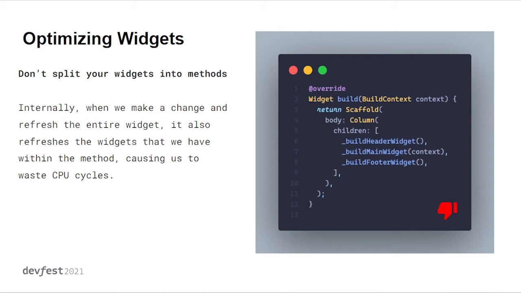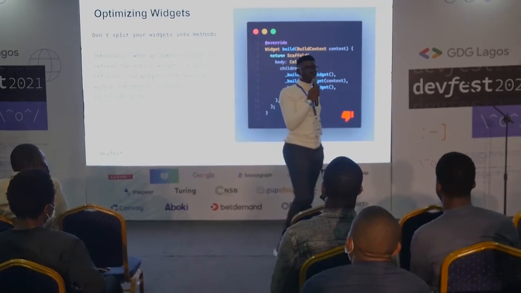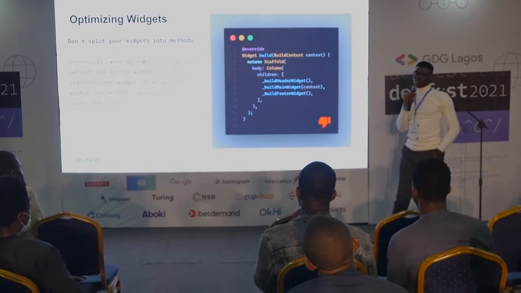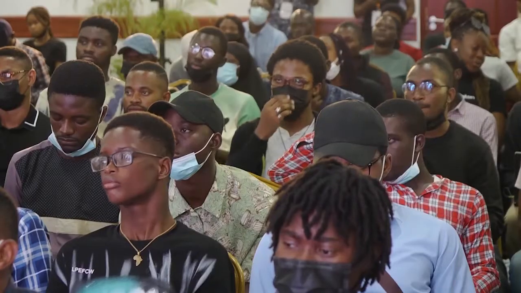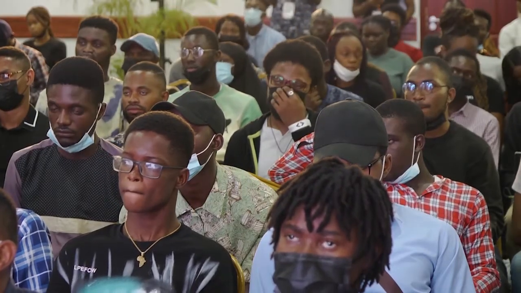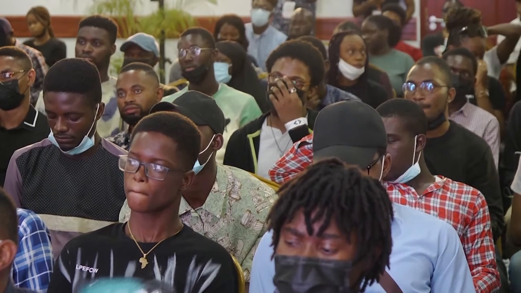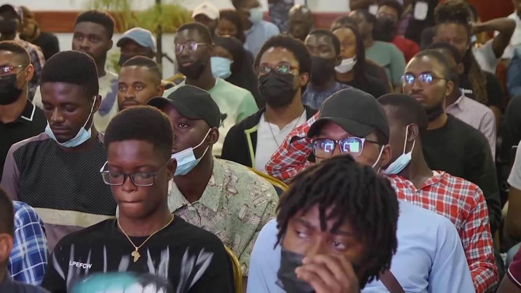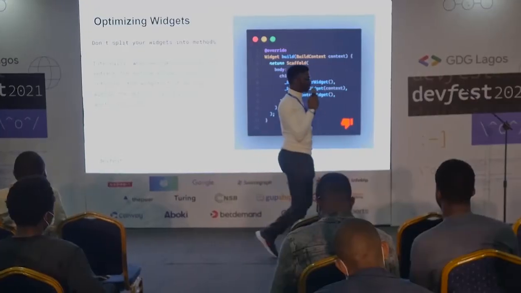I know a lot of us have seen this argument a lot of times about using methods or using stateful widgets to build the UI. But if you do your research and dig deeper, you'll actually find out that using methods is basically an anti-pattern for building widgets in Flutter. It's a serious anti-pattern.